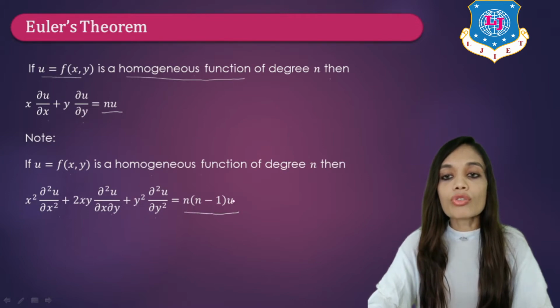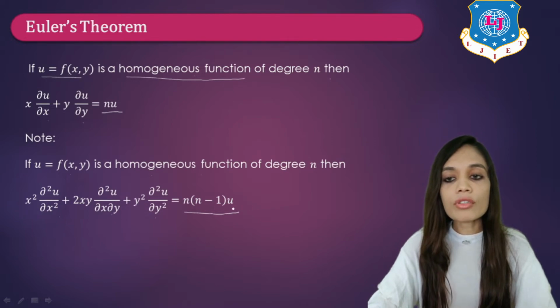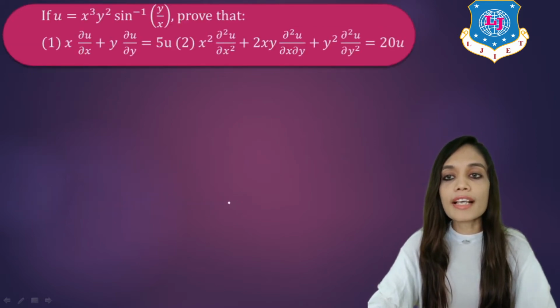minus 1 u. So if a given function is homogeneous, then we don't need to find the derivatives, just apply this theorem and we will get the answer as nu or n into n minus 1 u. So now let us solve an example.